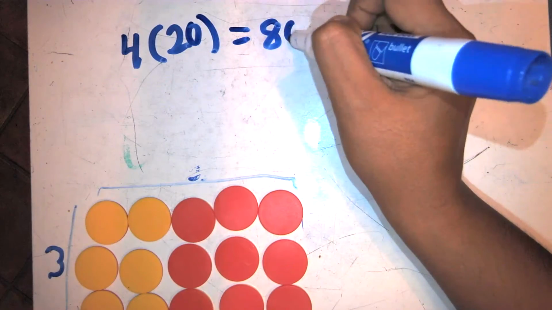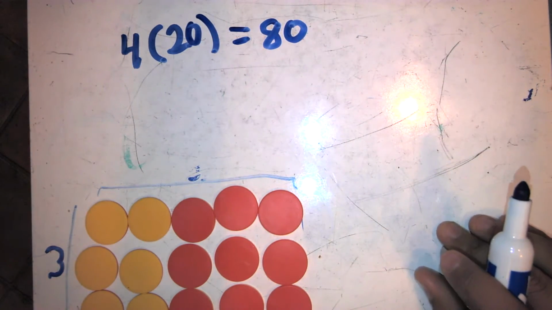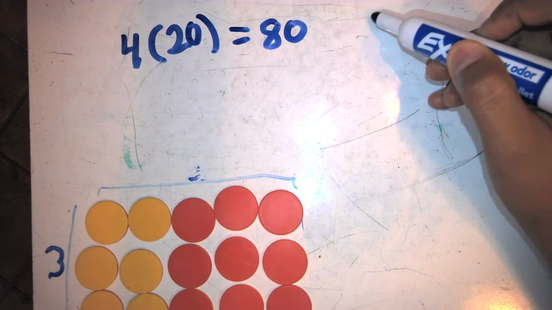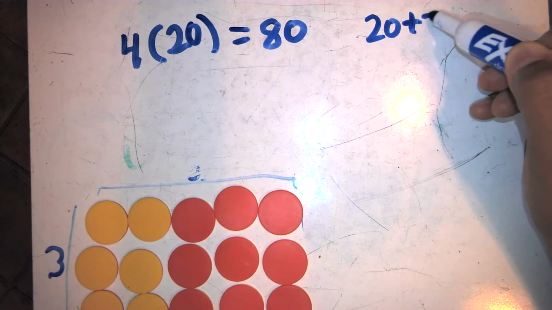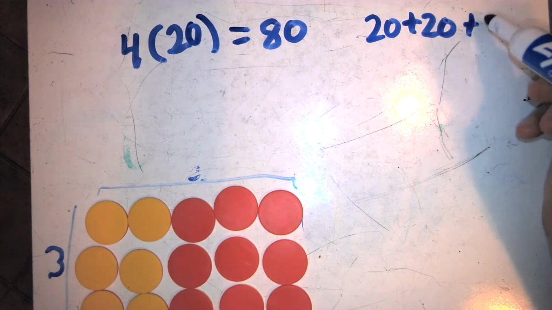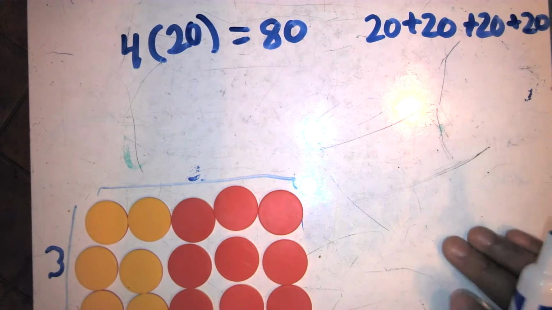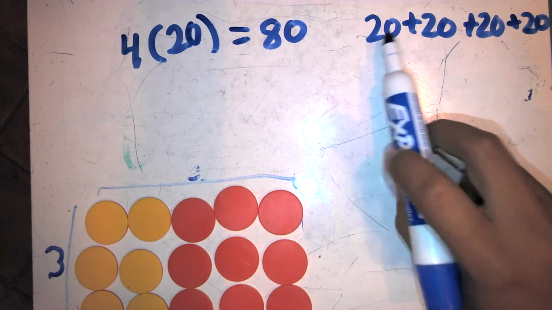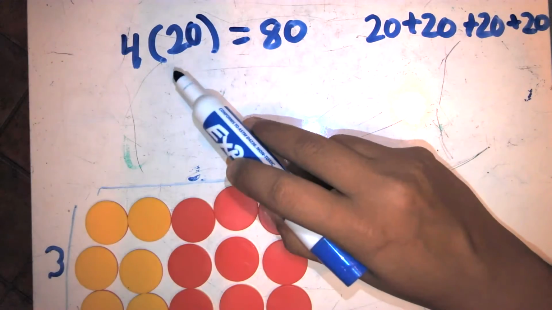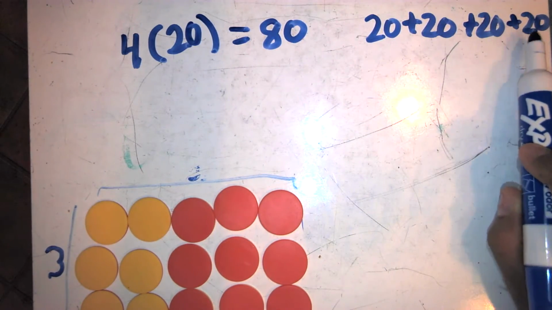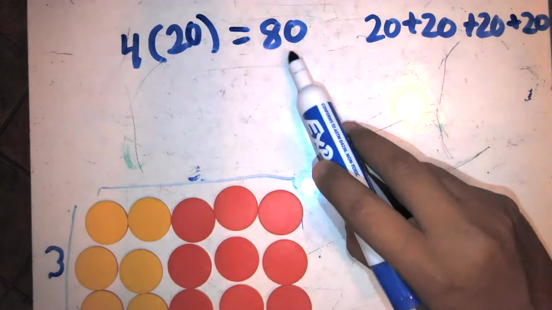And I can put that in the calculator. And I can check if I wanted to using arithmetic. I know that 4 times 20 means I have 4 groups of 20. Multiplication is repetitive addition. So if I'm repeatedly adding the same number, I can rewrite it as a multiplication expression. 4 groups of 20: 20, 40, 60, 80. Yep, I'm right.